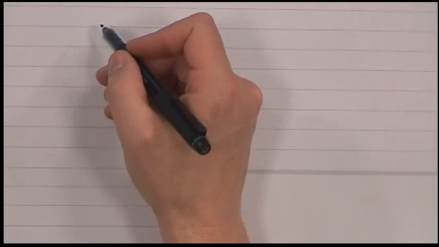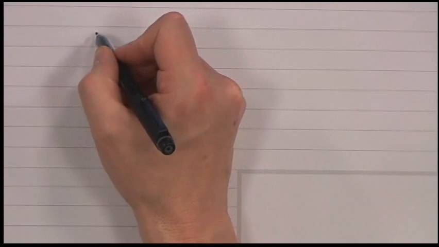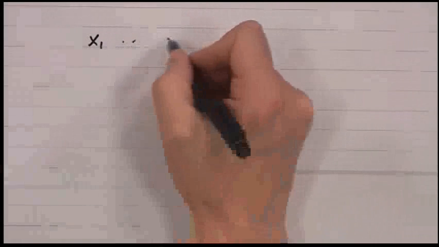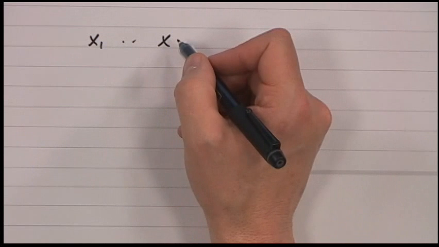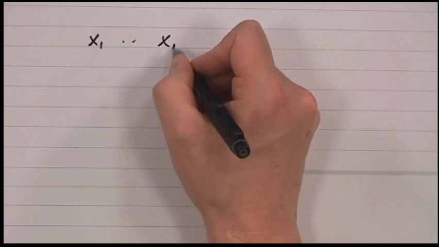So in general, one might have the problem that they have a set of values, x1 through xp. So the p values, okay?